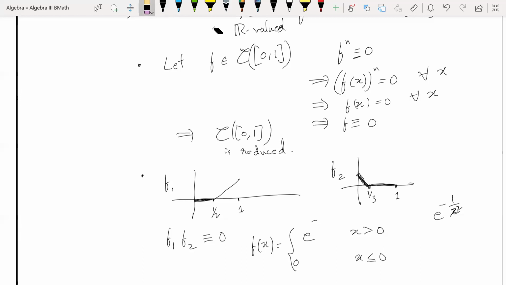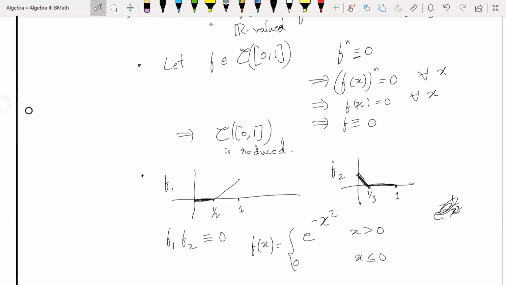Minus x squared. So then it's not continuous at x equals 0. At x equals 0, you get the value 1.